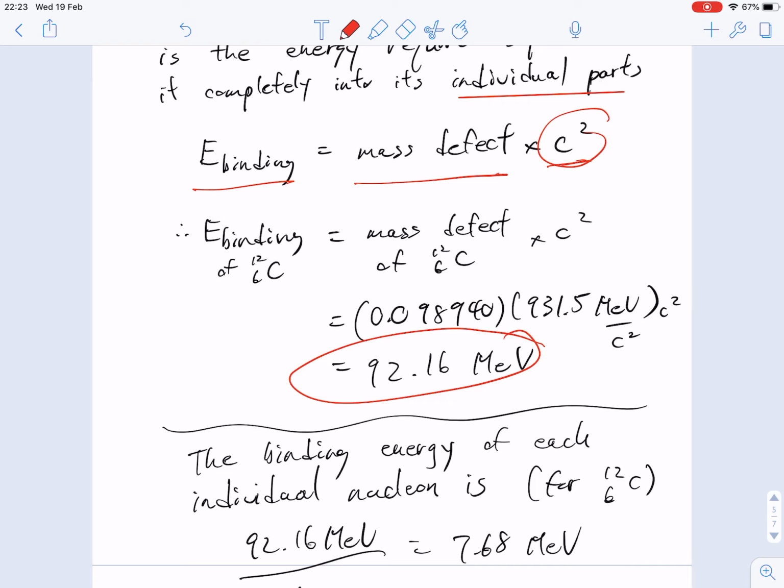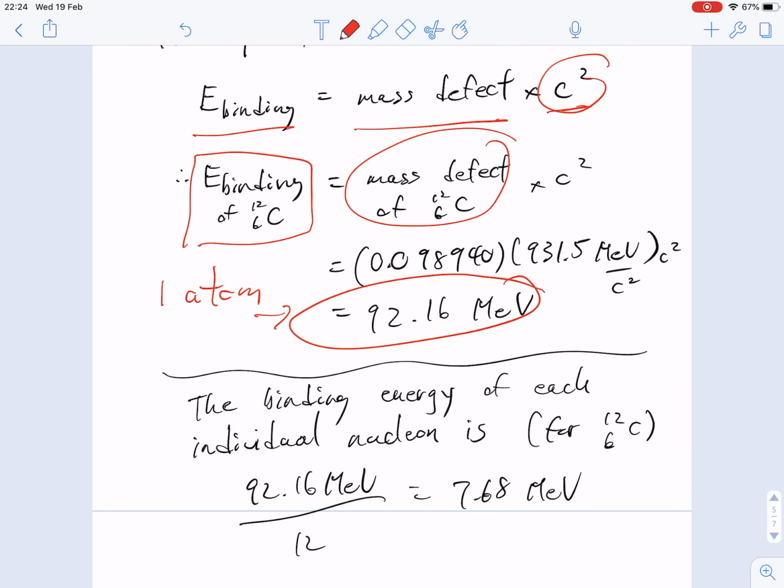We're at 92.16 mega electron volts for the mass deficit of carbon-12. So the binding energy for one carbon atom is 92.16 mega electron volts. That's one single atom. So you can imagine if we had a chunk of carbon, which would have millions of atoms inside of it, how much energy that could release.